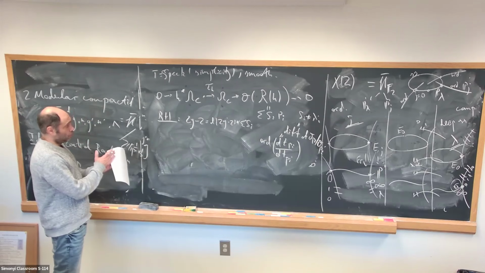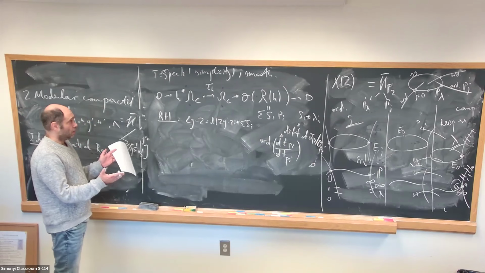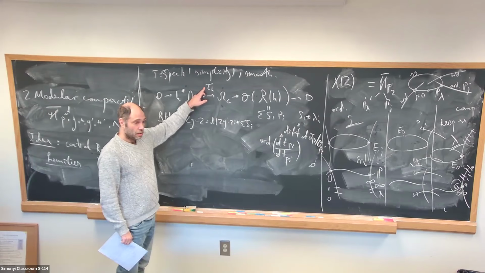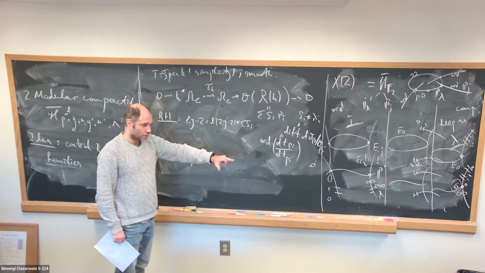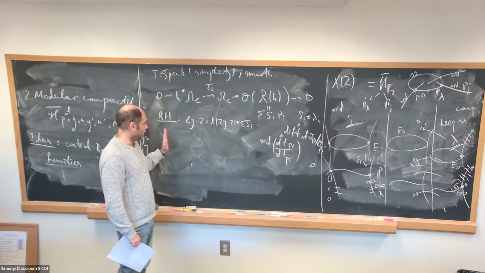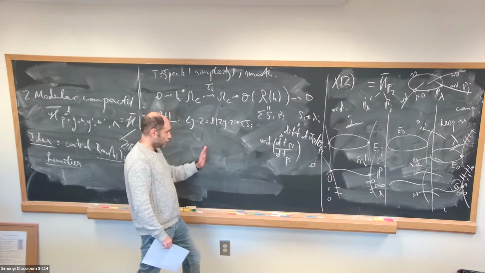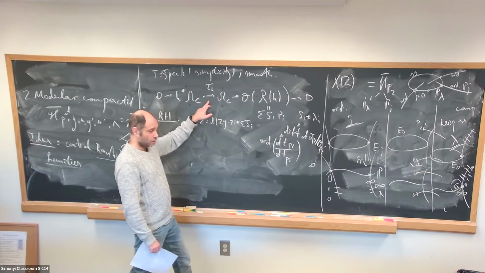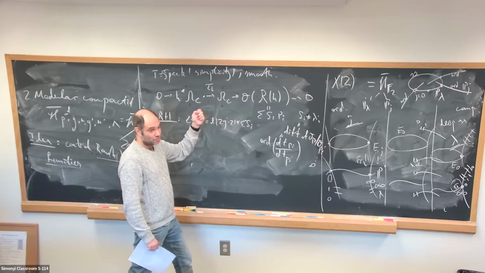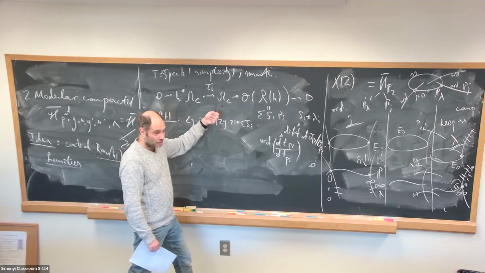And now I want to do it in families. And in families, this guy can vanish. So I want to rescale by its order of vanishing on each component. That's the idea. When in families I have an inseparable component, this guy will vanish, so I'll need to rescale it by the order of zero and then get the information.